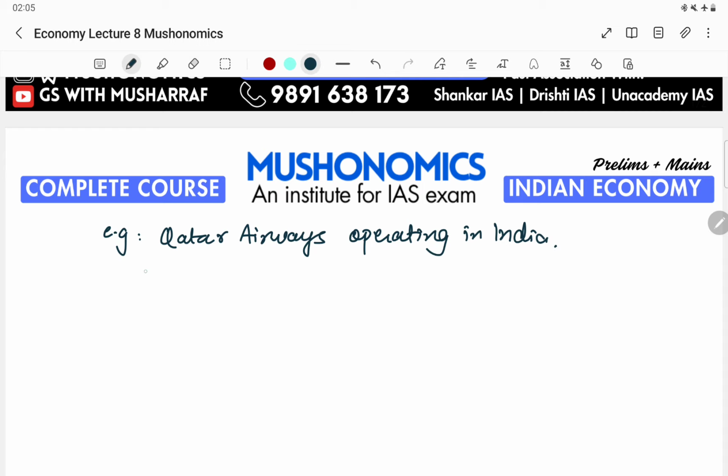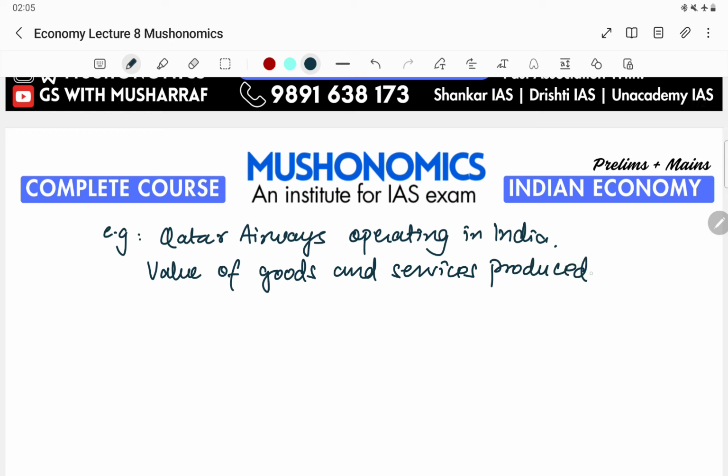The value of goods and services produced will be calculated under Qatar's GDP, not India's GDP.